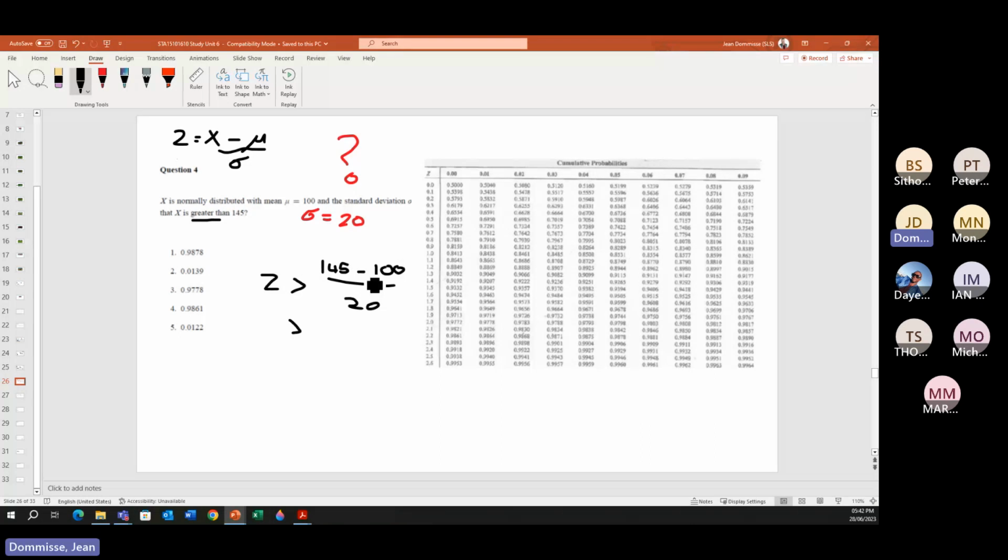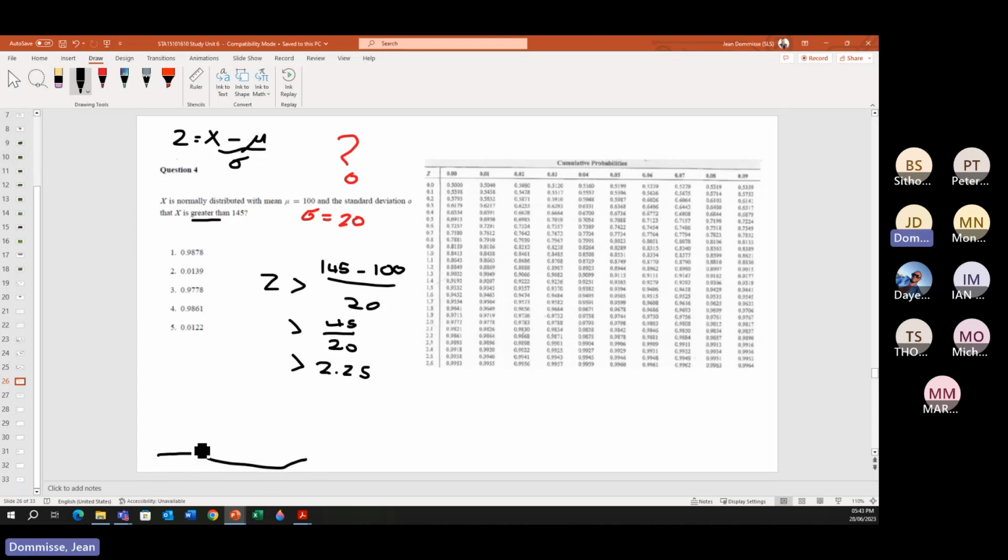So that looks like 45 over 20, which is 2.25. So we're looking for a Z that is bigger than 2.25.